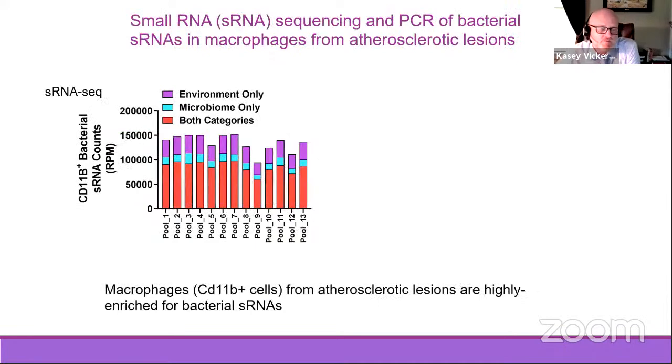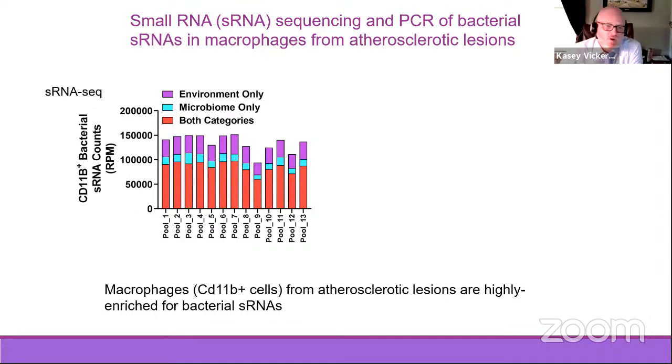And what we found was robust detection of microbial RNA within macrophages and within the lesion. So these are 13 different pools of mice here, where these are CD11b positive cells that we sorted out of the lesion, and they're highly enriched for bacterial small RNAs.